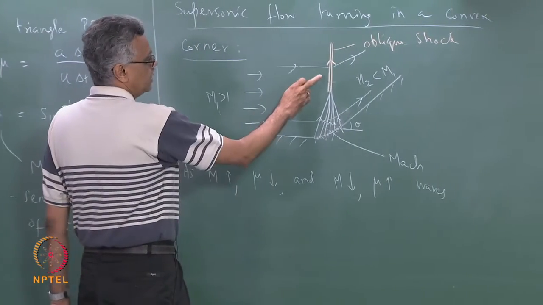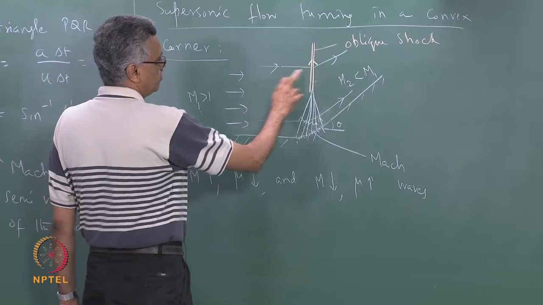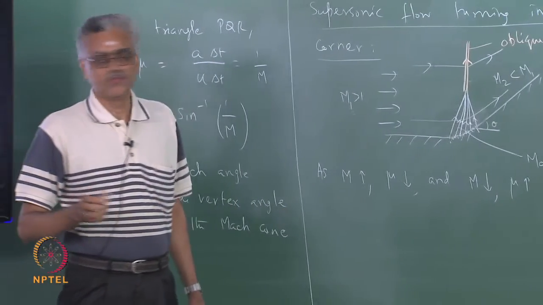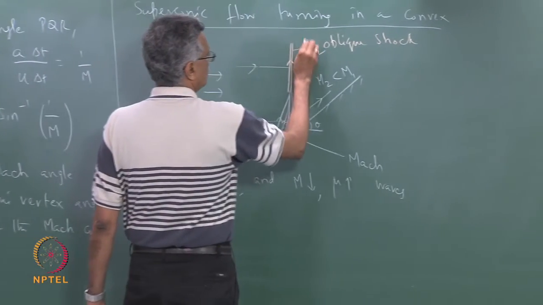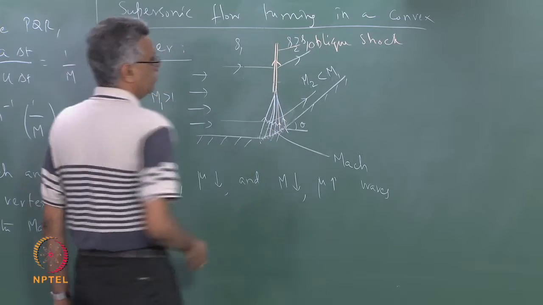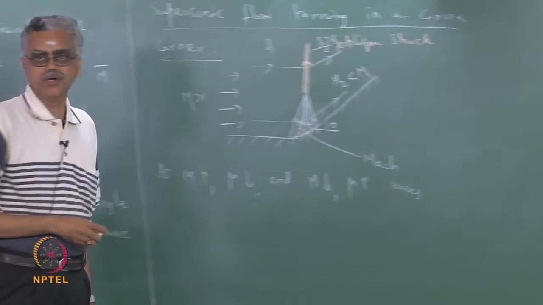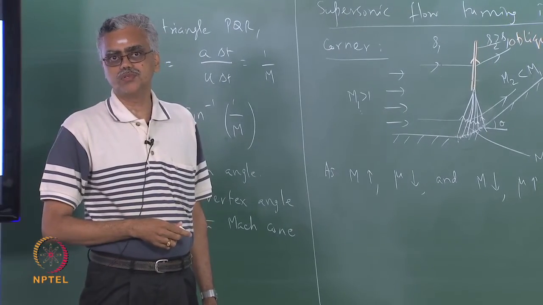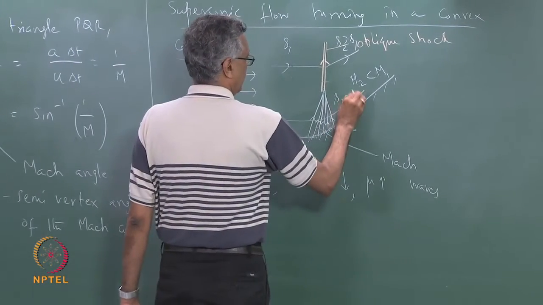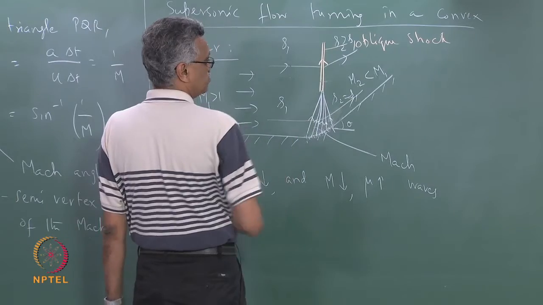But notice that the process that the fluid undergoes when it goes through an oblique shock wave is an irreversible process. So in this case, if I say this is S1, then S2 is greater than S1. Whereas here, compression through a Mach wave represents an isentropic process, so S2 is equal to S1.